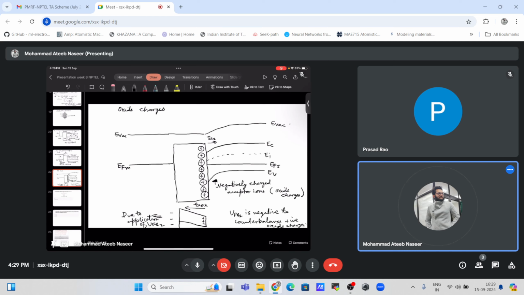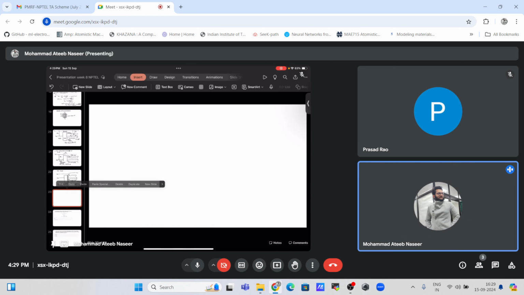Okay, so in total, in order to achieve the flat band voltage, we need to have VFB1 plus VFB2.